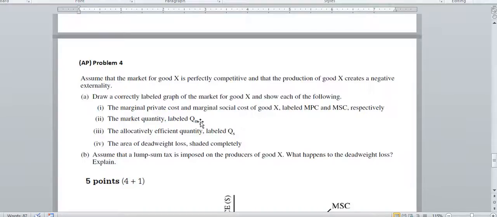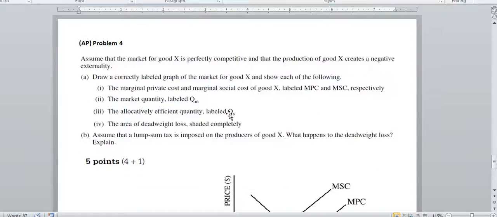It just talks about a marginal private cost and marginal social cost, and it wants you to label the market equilibrium quantity as QM, and the allocatively efficient quantity, which is the best for society, as QS, and shade in the deadweight loss.